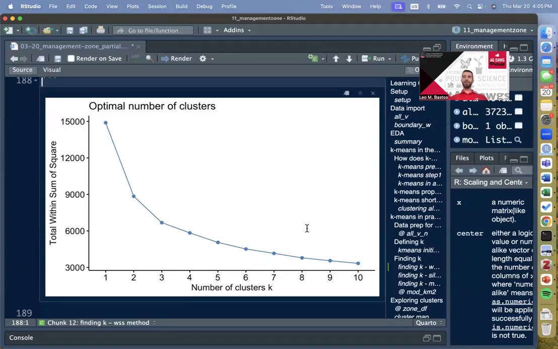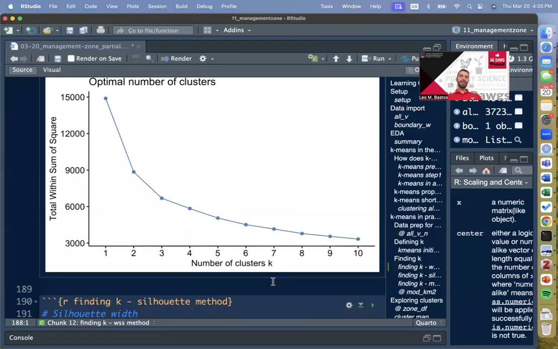It's the elbow method because it looks like an elbow, right? It looks like this, I guess. The goal here is to find the elbow and determine that as the optimal number of clusters. For some data sets, that elbow is very clear. It's almost like a breakpoint. For our data, it's not as clear, and I think a lot of times it's not as clear.